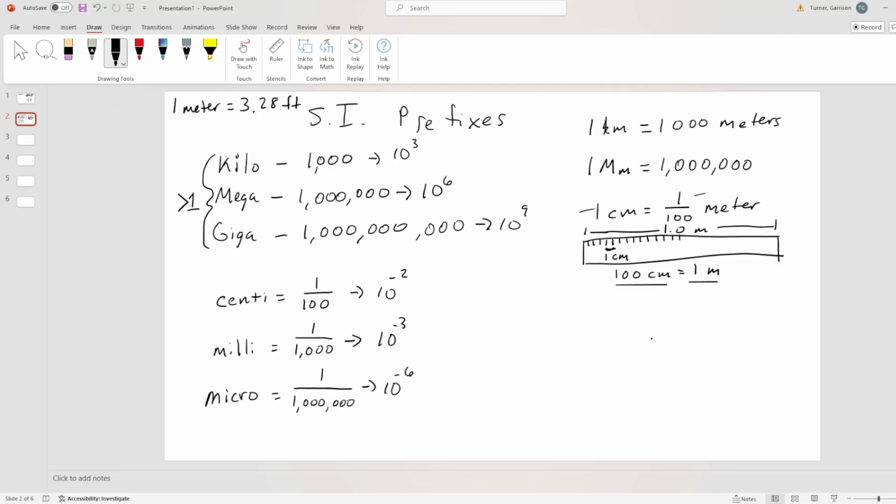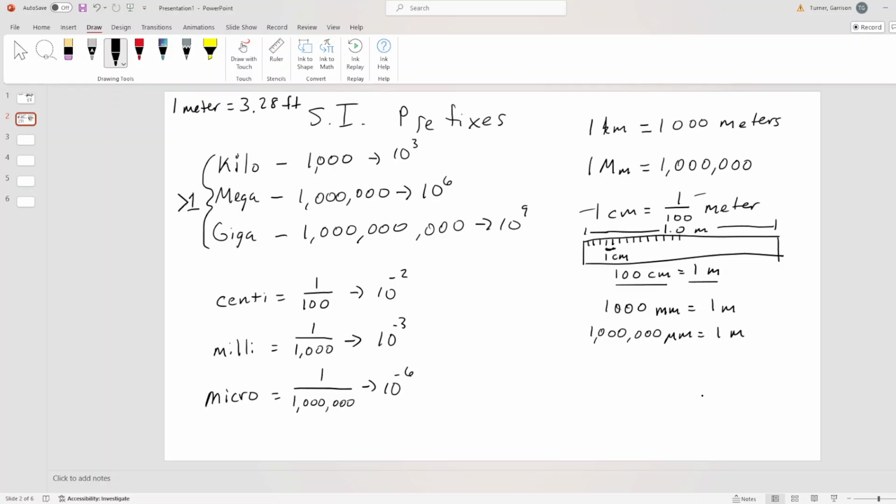There's just 100 little tiny centimeters in 1 larger meter. And same thing for the millimeter. There's 1,000 millimeters in 1 meter. And there's 1 million micrometers in 1 meter. Okay?